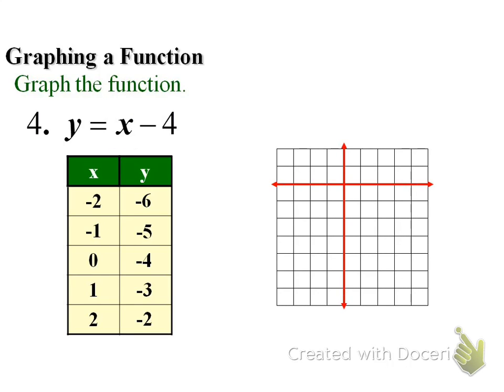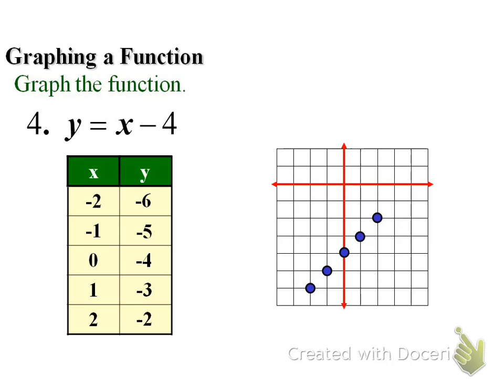All right, here's a graph. Here are the points. Remember, to get to (-2, -6), left 2, down 6. (-1, -5): left 1, down 5. Side to side 0, down 4. Right 1, down 3. Right 2, down 2.